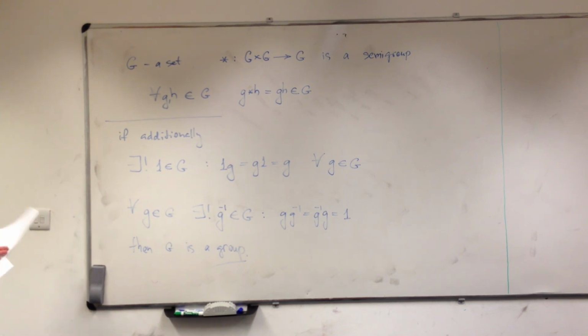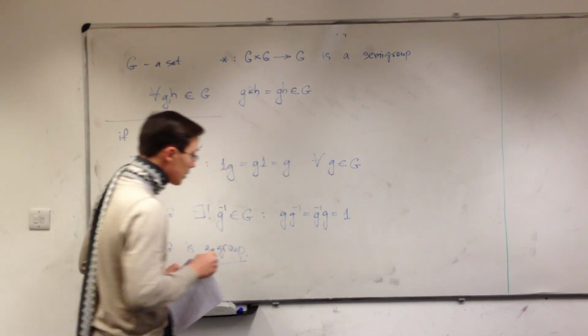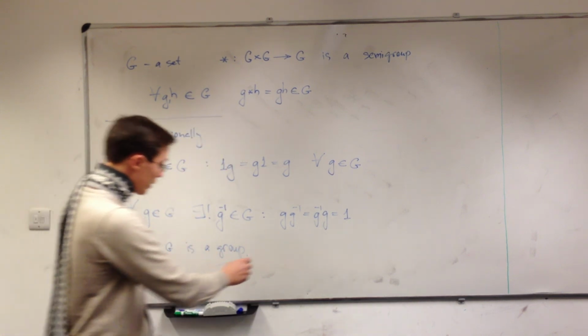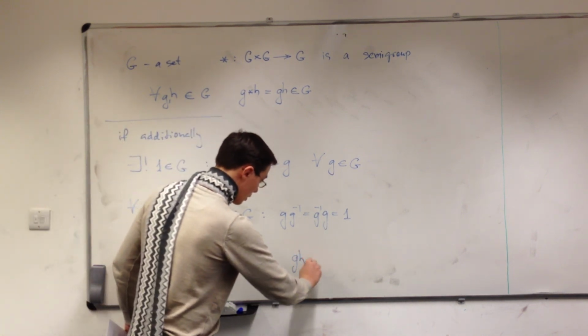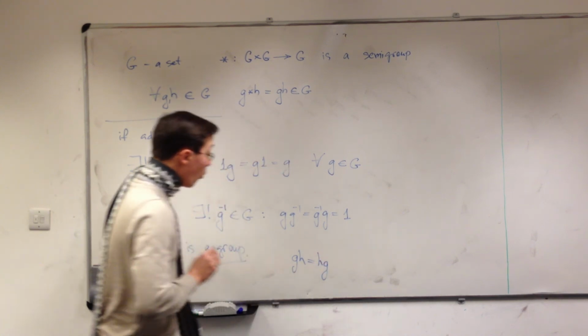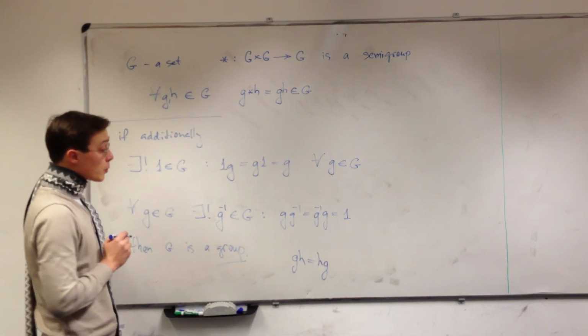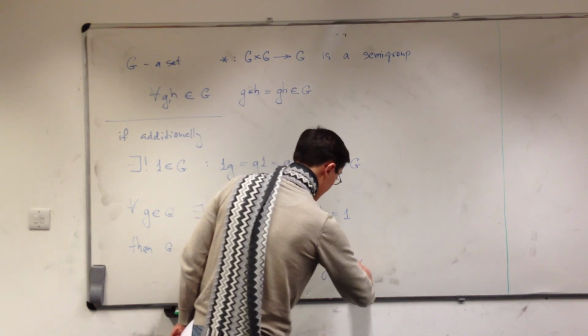Now, in a special case, when the group is commutative, when gh equals hg for any g and h in the group, the group is called abelian.